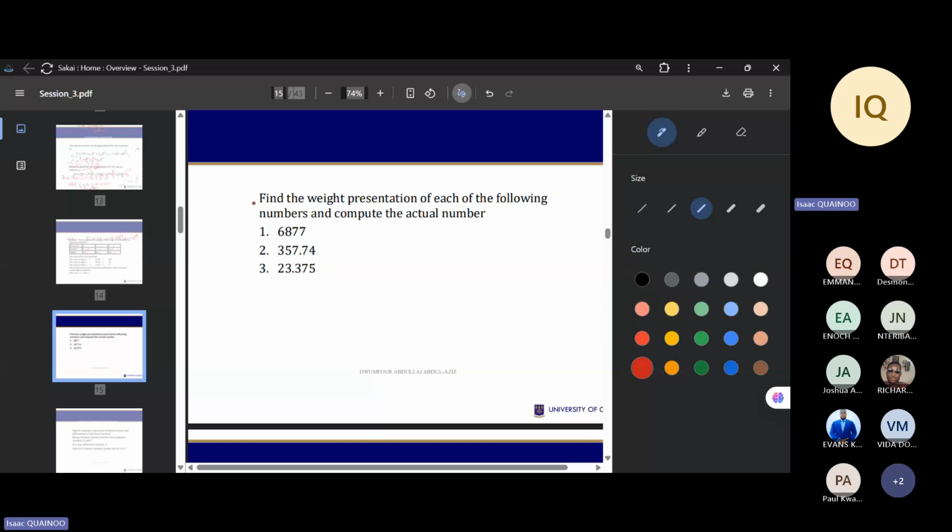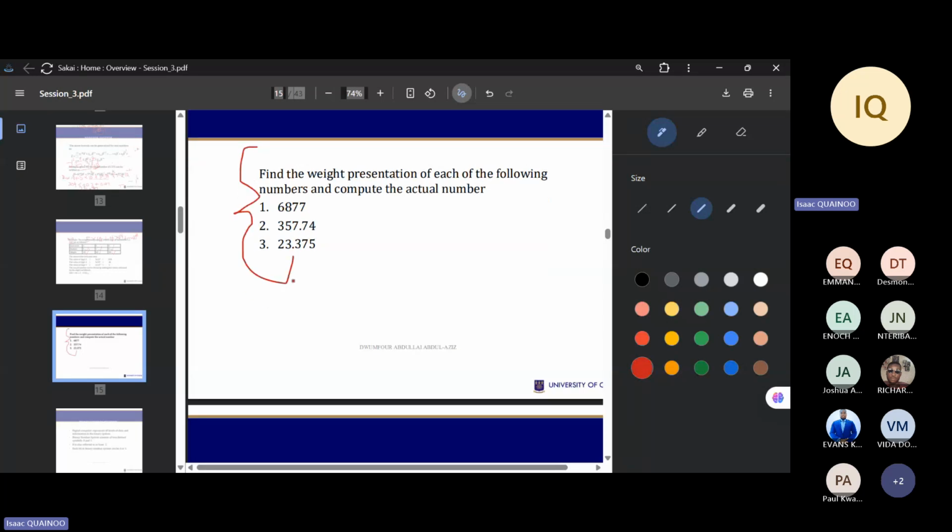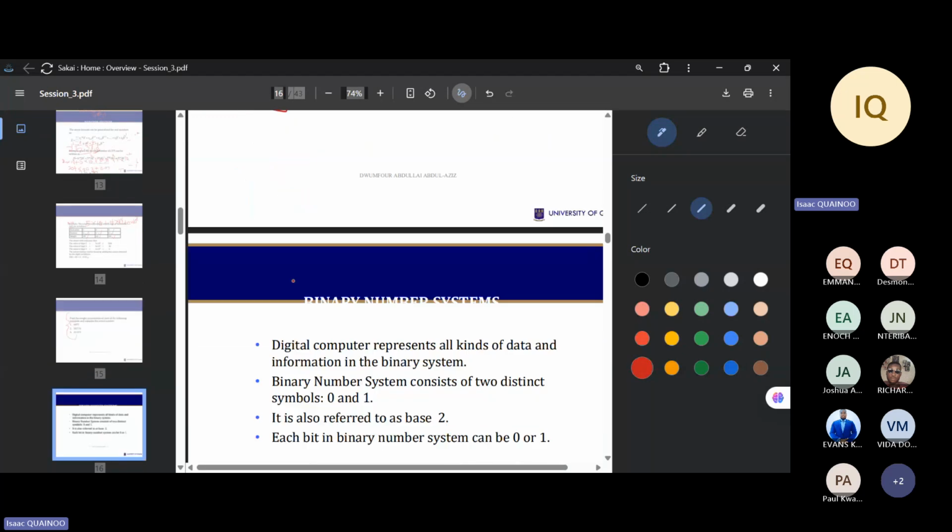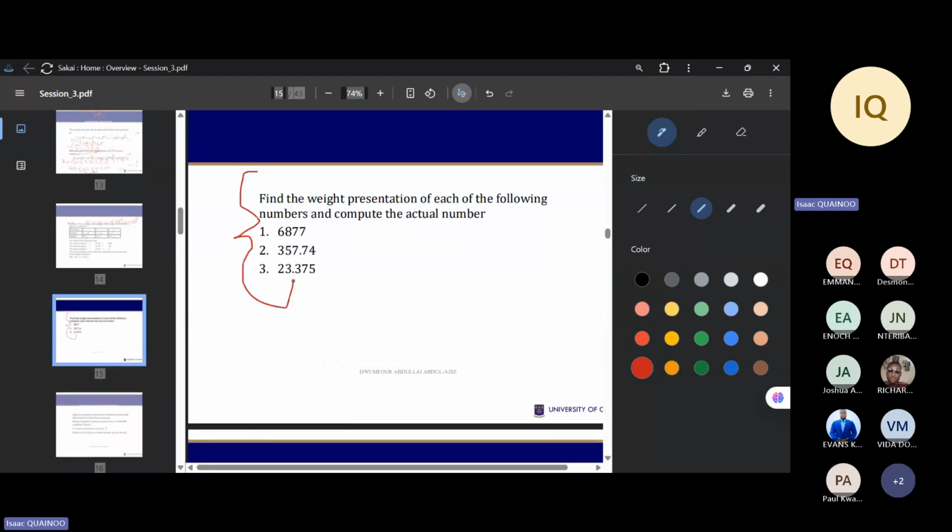So you take this as something that you can work out individually. Let's try our hands on this. Let's just do one together. Let's do the B. So the 357.47. We can say this is 0, this is 1, this is 2. This here is -1, this is -2. This is decimal, so it's to the base 10.